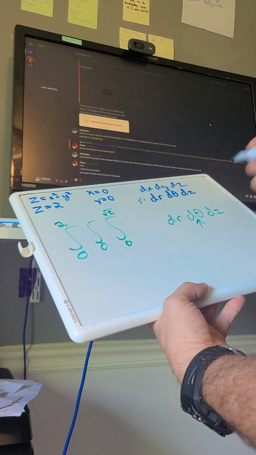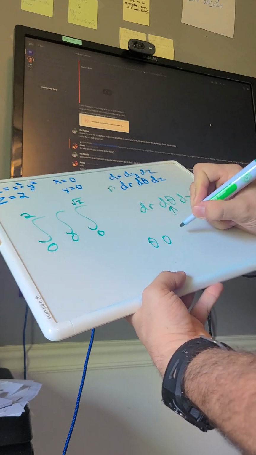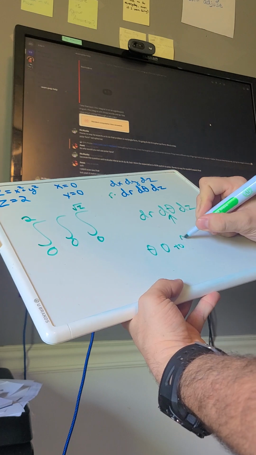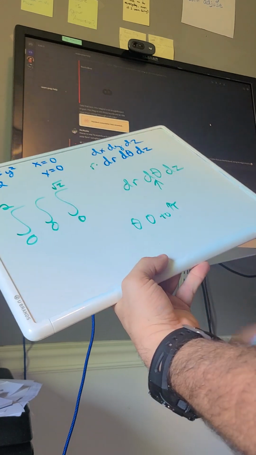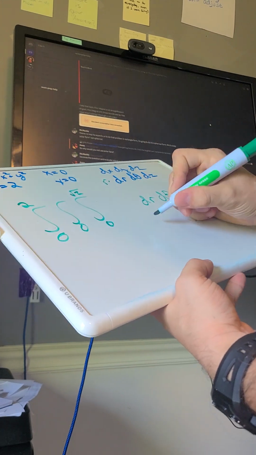So my natural assumption was theta was 0 to pi, right? But it's not. That's not what it is, because I have to be more careful.